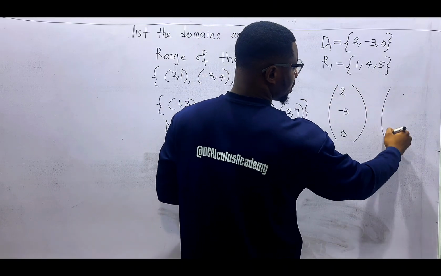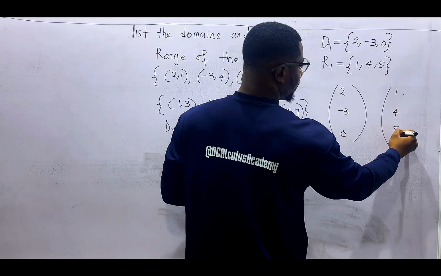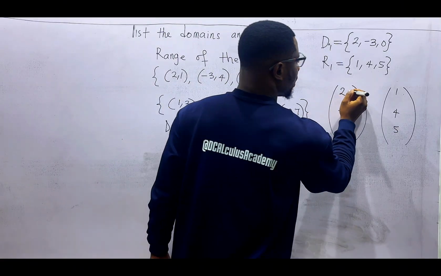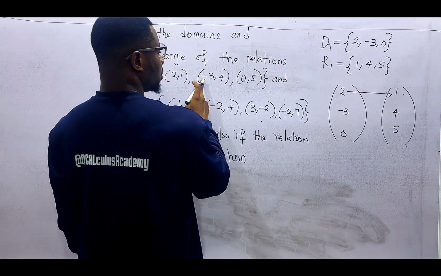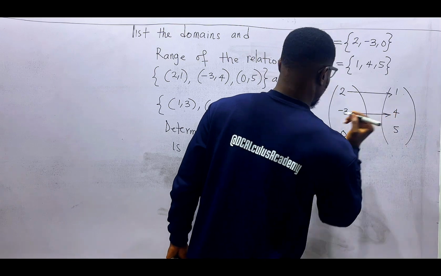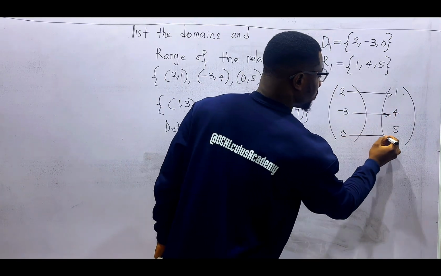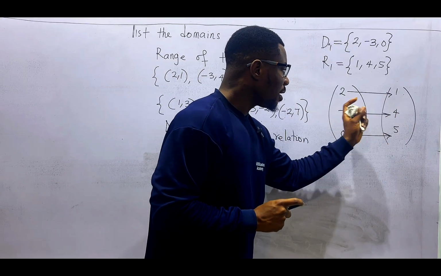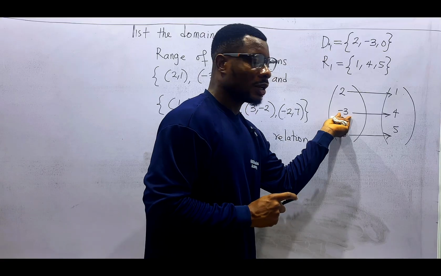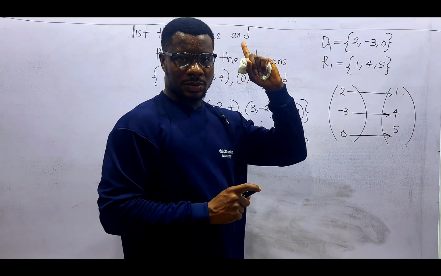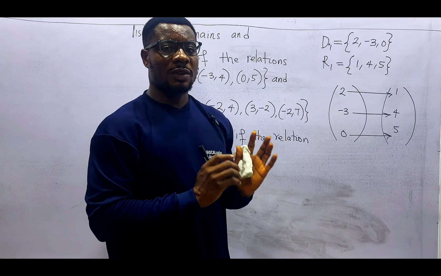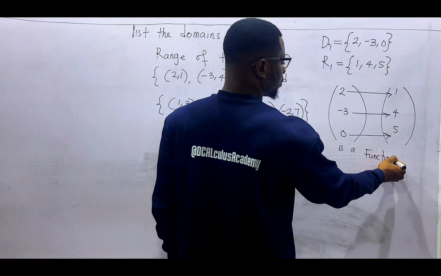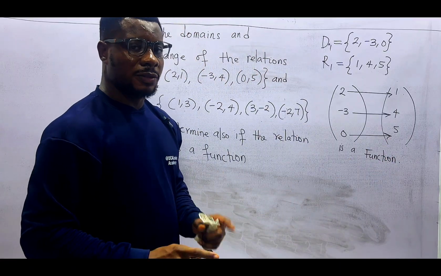Then for the other side, you can have 1, 4, and 5. Now, 2 relates with 1, minus 3 relates with 4, then 0 relates with 5. You can see that every input has only one image. So remember I told you that once we have this case, the relation is a function.